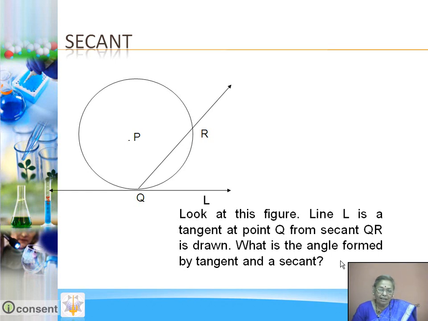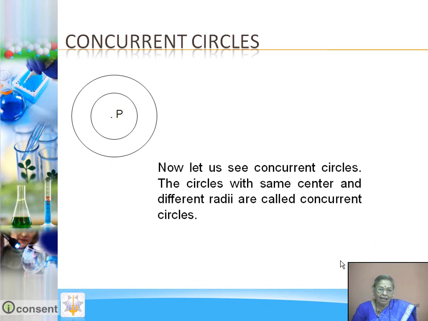What is the difference between the circles which we saw and the circles which you are seeing now? In these two circles, the center of the circle is same, but the radii of the circles are different. These type of circles are called as concurrent circles.